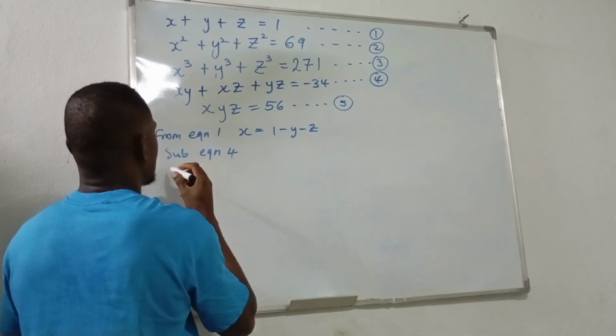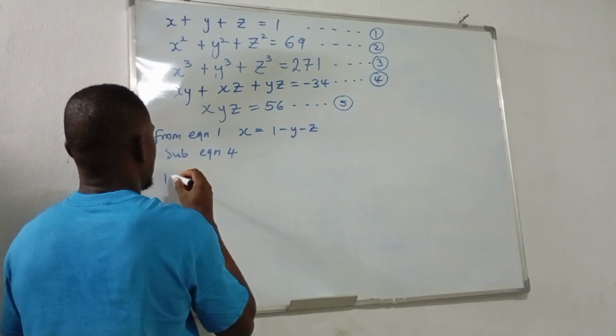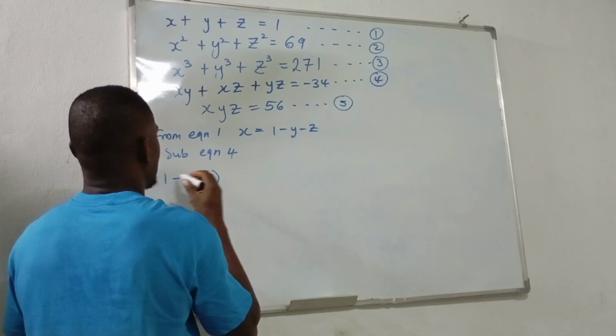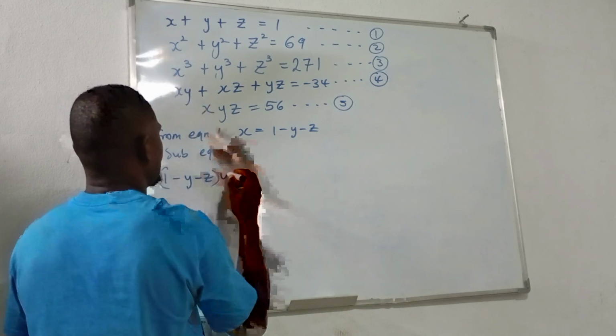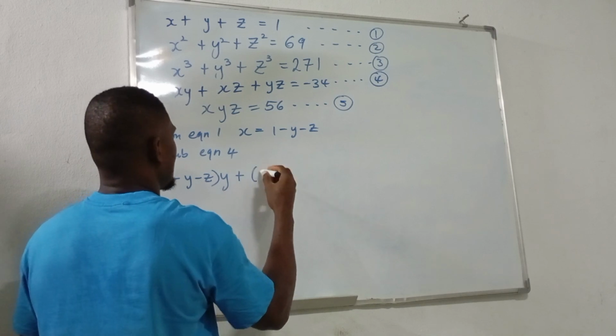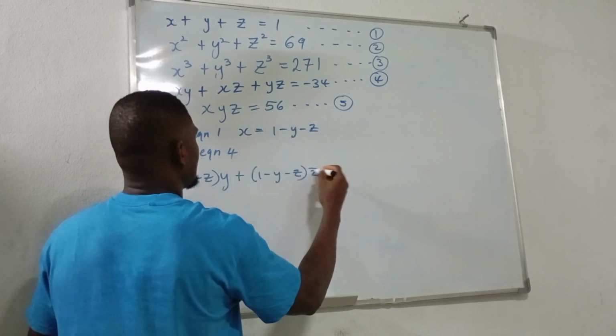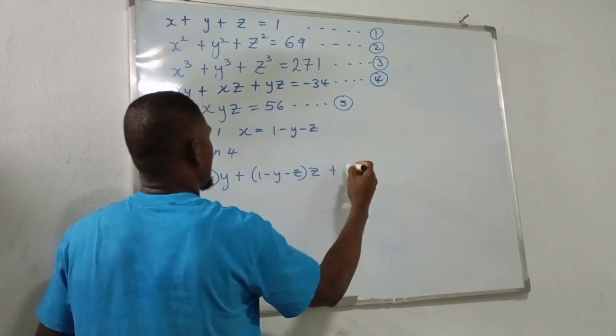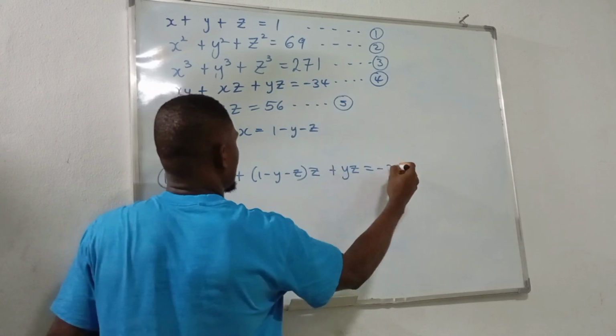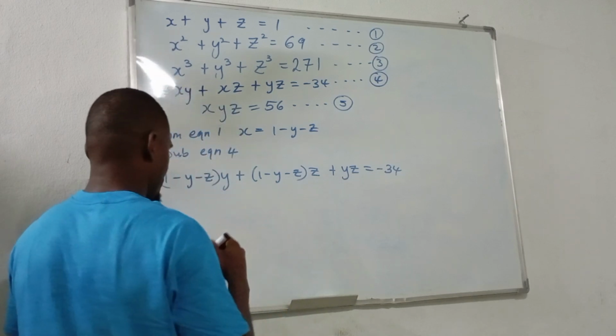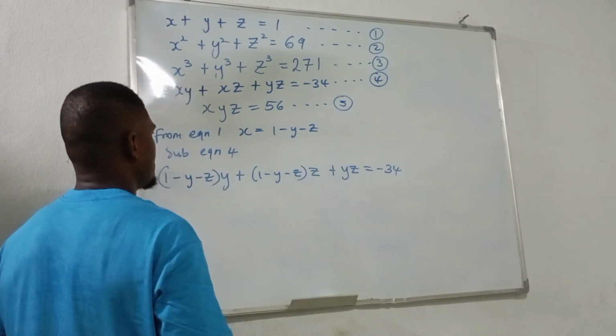So when we do that, we're going to have 1 minus y minus z multiplied by y plus 1 minus y minus z multiplied by z plus yz equals negative 34. Okay?